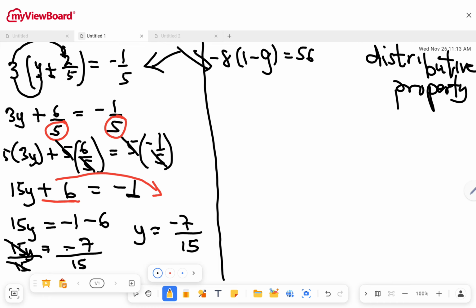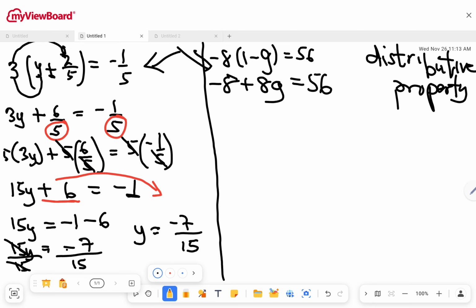So we are going to use this negative 8 to multiply this one. So we have negative 8 times 1 is going to give us negative 8. Negative 8 times negative g is plus g, plus 8g, okay, is equals to 56.